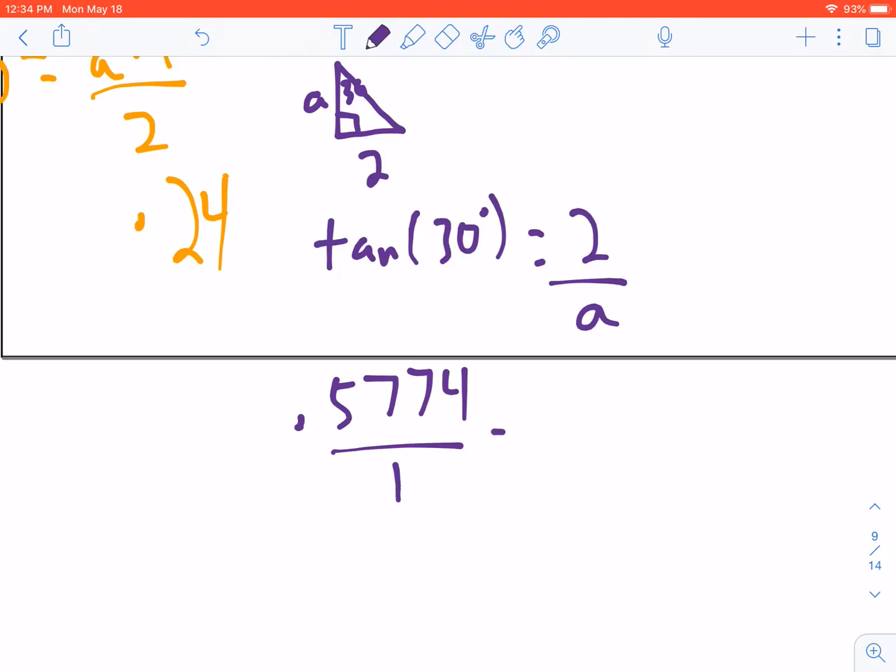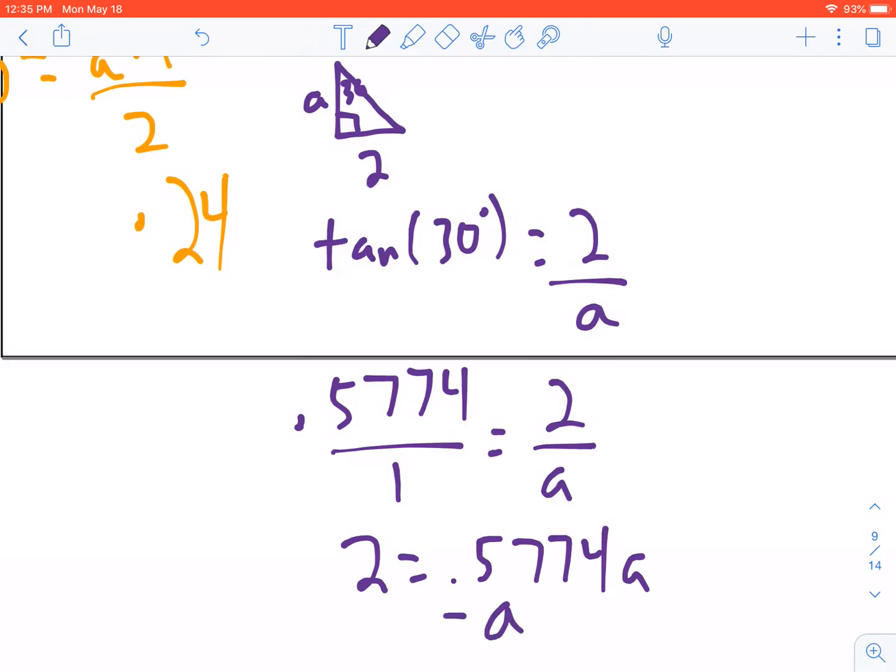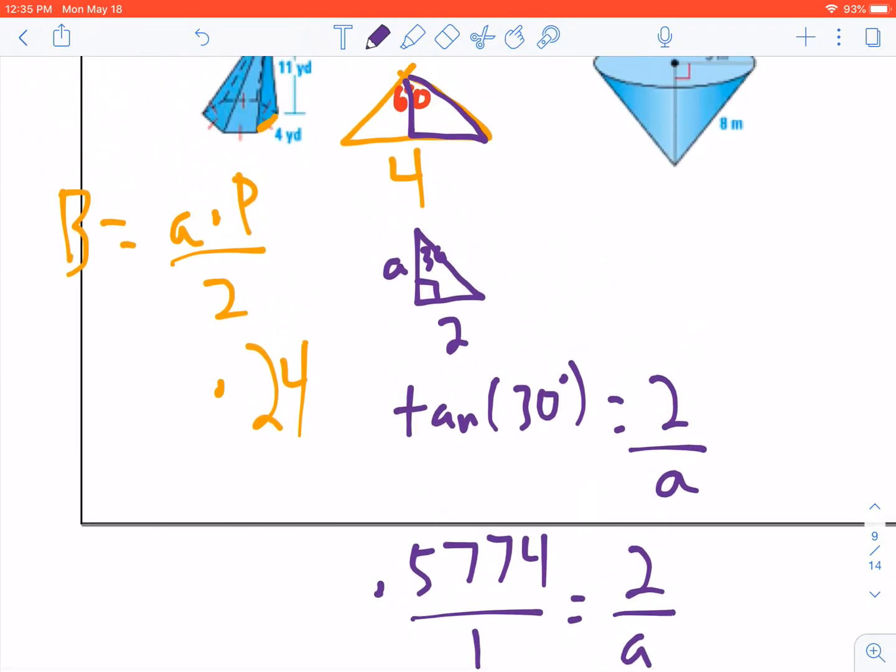Put it over 1 equals 2 over A. Cross multiply. 1 times 2 is 2, 0.5774A. We divide 2 divided by 0.5774, and we get 3.46. So that was our apothem then. That's what makes this problem hard.